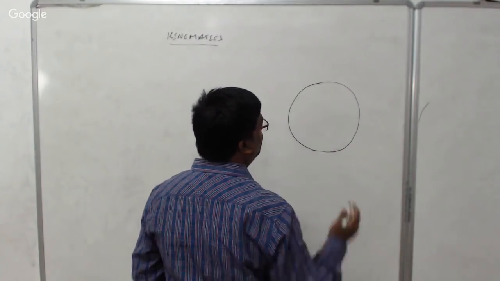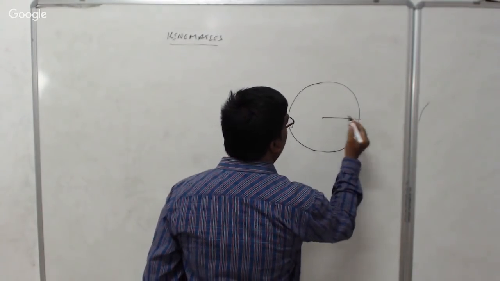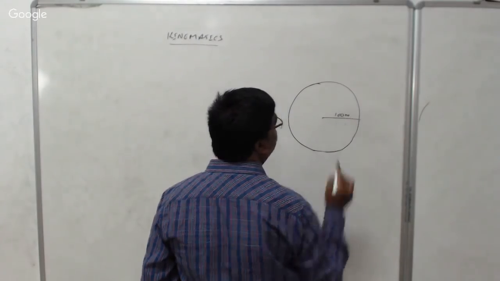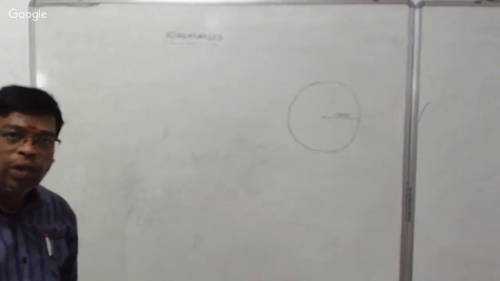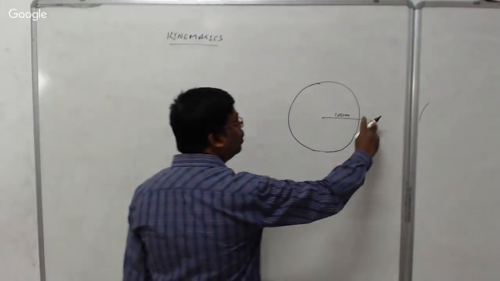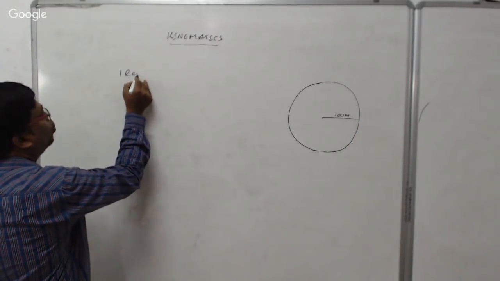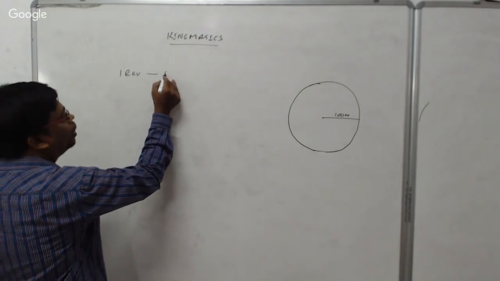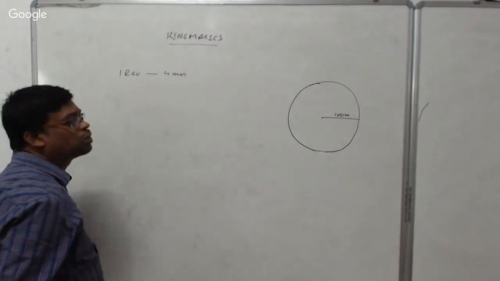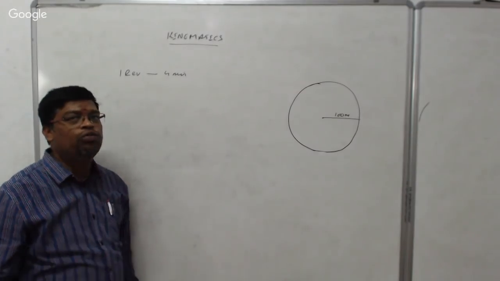Okay? This is a circular track whose radius is 100 meters. What is given? He makes one revolution in 4 minutes.